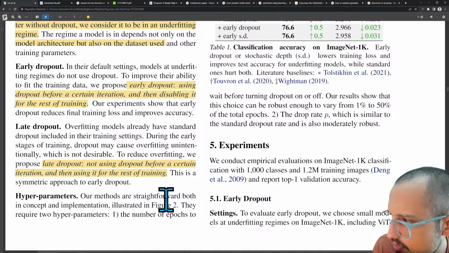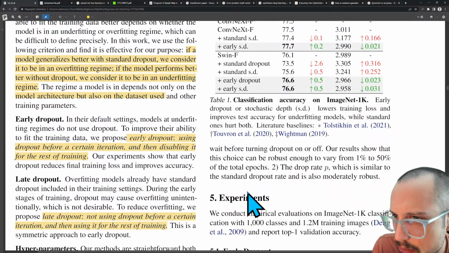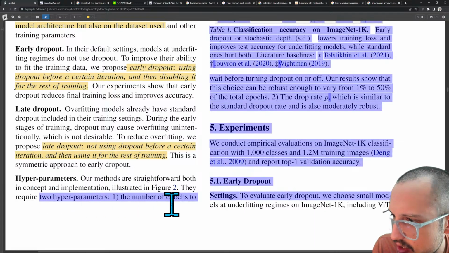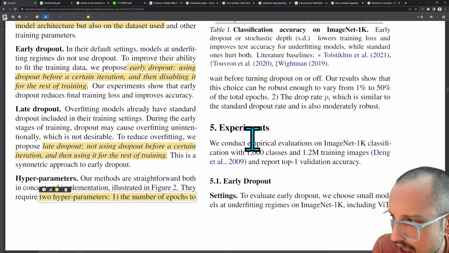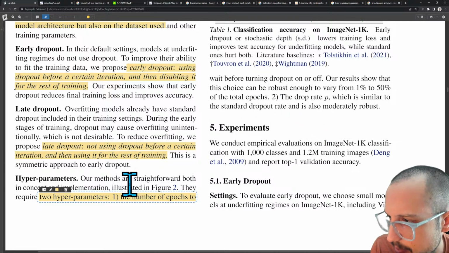Hyperparameters. Our methods are straightforward, both in concept and in implementation. They require two hyperparameters: the number of epochs, and the wait before turning dropout on or off. Yeah, so one of the problems with learning rate schedules, and here dropout scheduling, is that you're introducing additional hyperparameters, right?